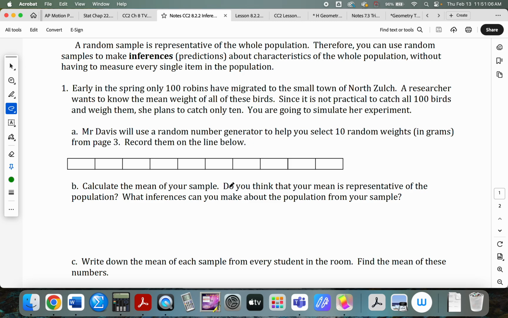So if you circled the numbers on the chart the first time, you may want to box them the second time. And you may catch the same robin again. That's okay. Do we just draw a new little box? You just put it right underneath the first box.